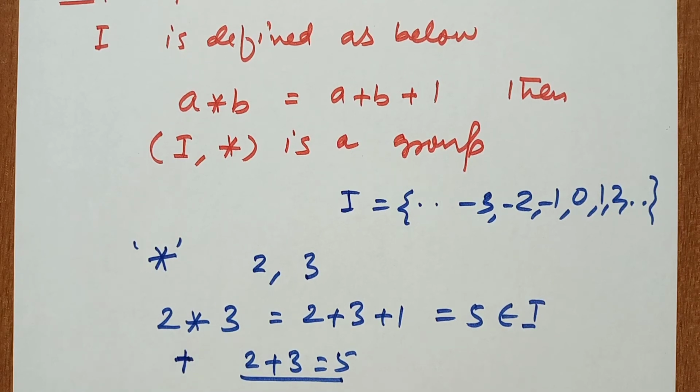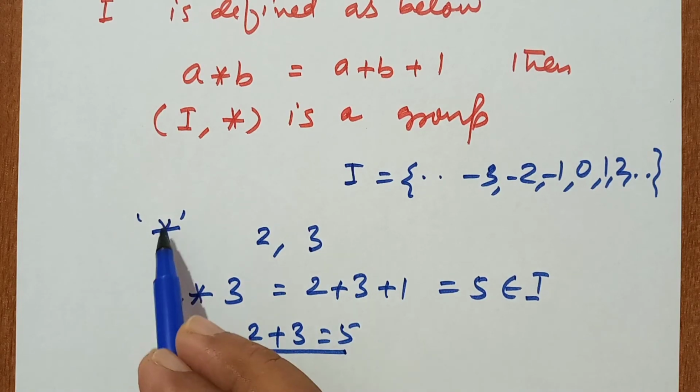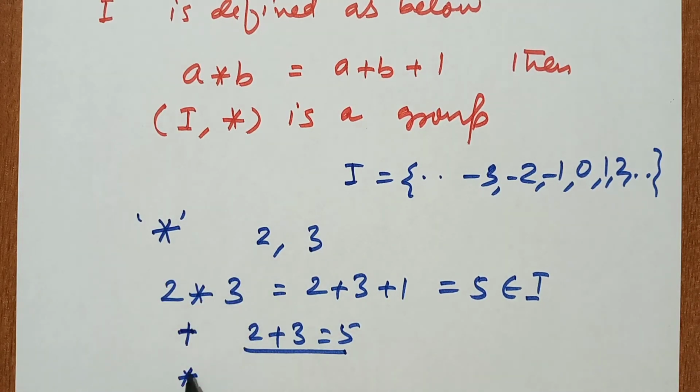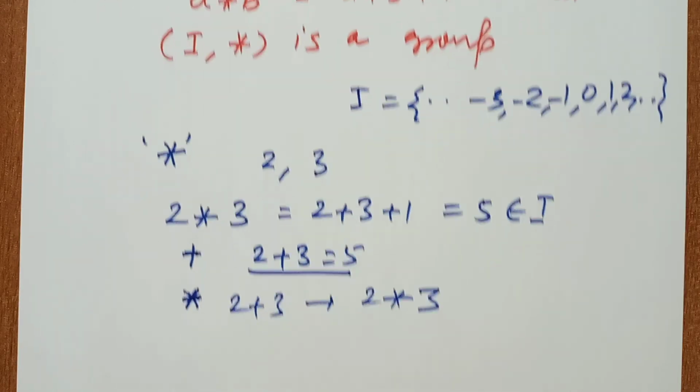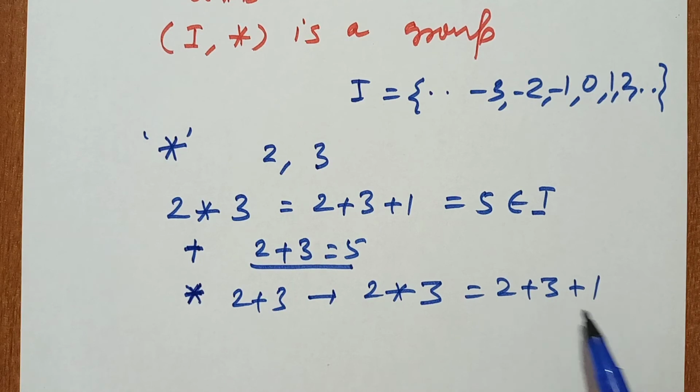So what is the meaning? The meaning is already defined by the question. So the value of 2 star 3 is equal to 2 plus 3 plus 1. This is given by the question.